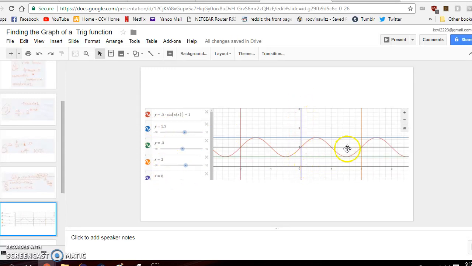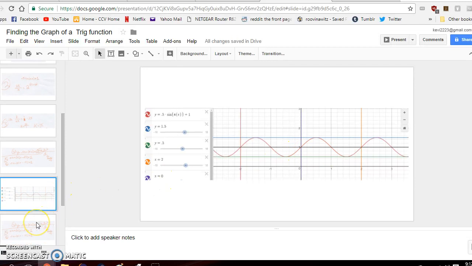And as you can see, this does not line up with the same graph we had at the beginning. So that means that this needs to be shifted over this way by a certain amount. And just for simplicity's sake, the value of this is 0.5 less than it should be to line up with this. So this whole graph needs to shift over 0.5.